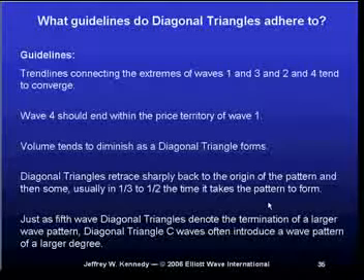And just as fifth wave diagonal triangles denote the termination of a larger wave pattern, diagonal triangle C waves often introduce a wave pattern of a larger degree. Now what I'm going to do here is again walk you through and show you examples of these guidelines in action.